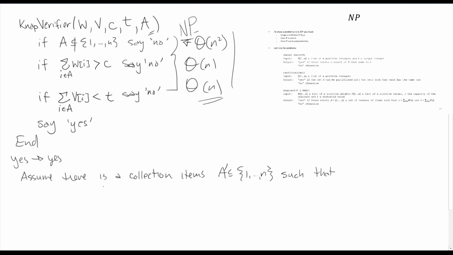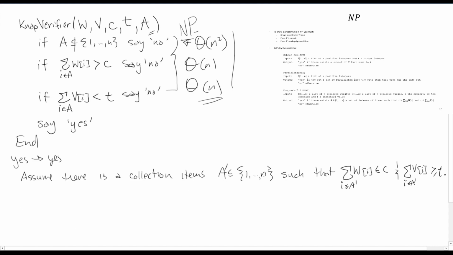But I'm going to be very strategic by being very formal. And when I say a collection of items, I mean this. Such that if you added up all of the items in A prime, if you added up their weights, it would fit in our knapsack. And if you added up all their values, it would exceed our target value.